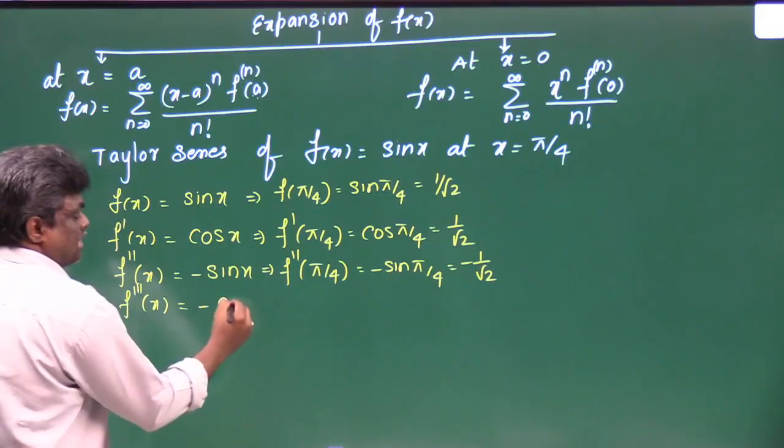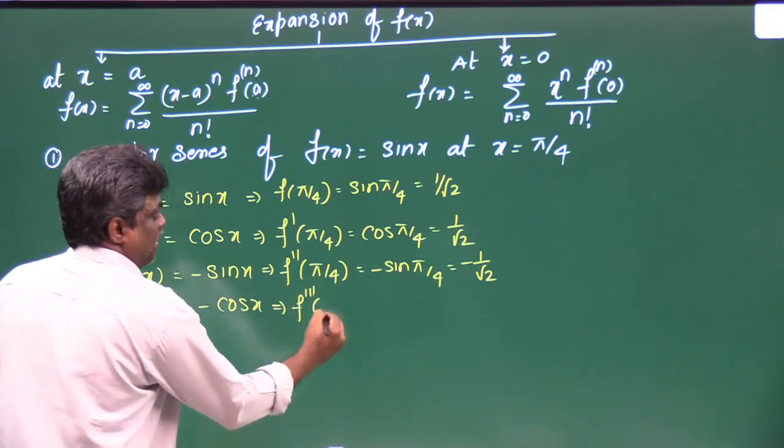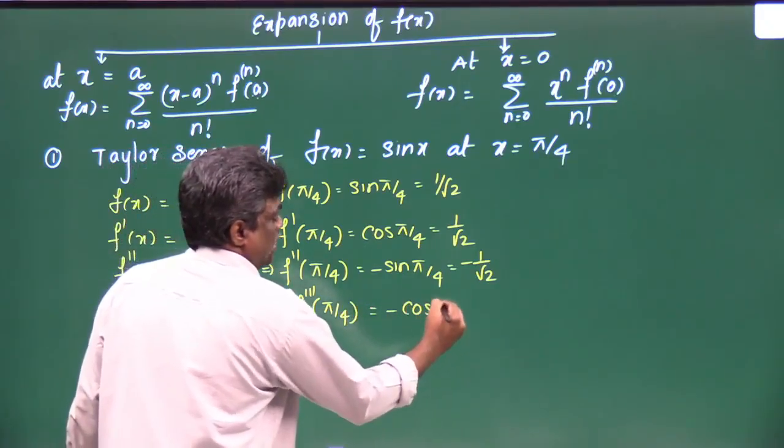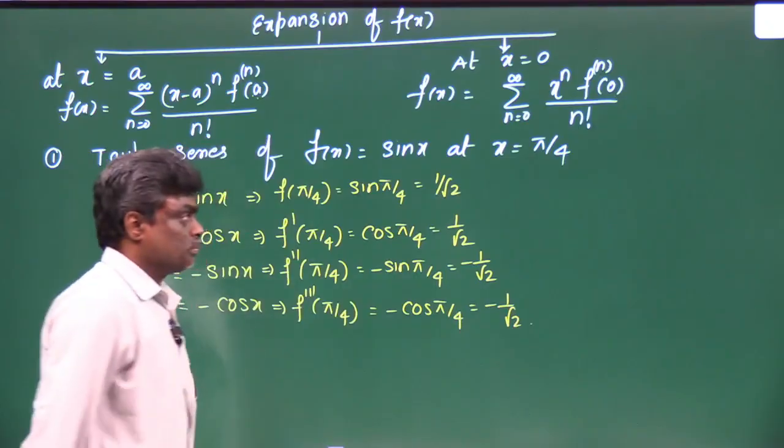Triple derivative also I am finding. This is minus cos x, and the triple derivative at pi by 4 is minus cos pi by 4, which is equal to minus 1 by root 2.